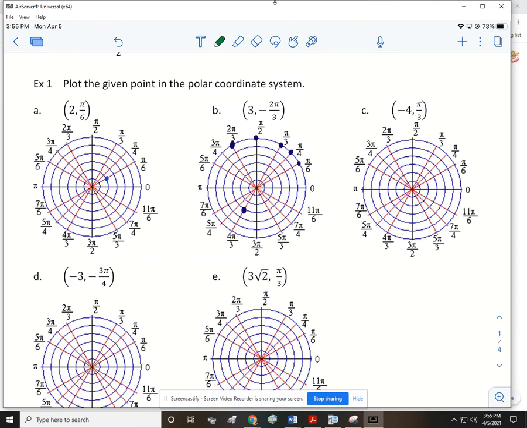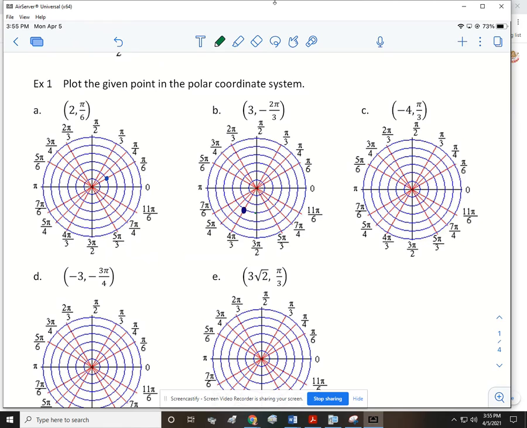So we would go out 3 circles to this circle right here, and then we would rotate that same amount. 1, 2, 3, 4, 5, and it would take us to that one. All right, so we can still count. If you can't see it right away, it's okay. All right, let's look at the next one.